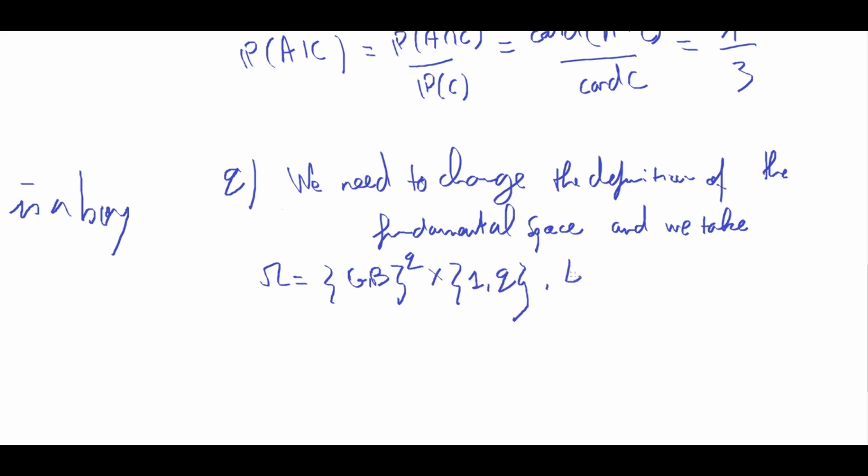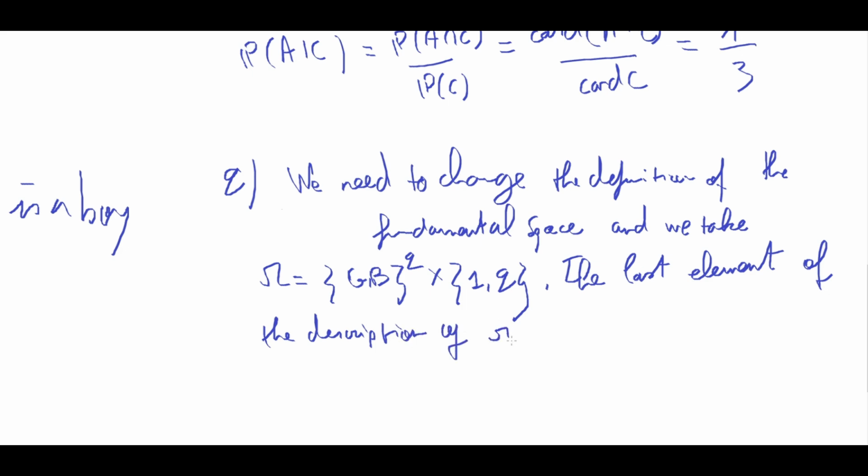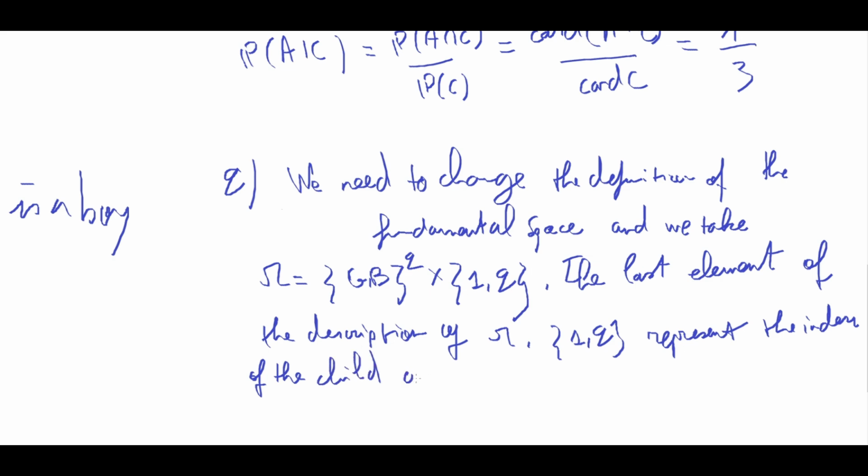The last element of the description of omega, that is to say 1 and 2, represents the index of the child answering the phone.